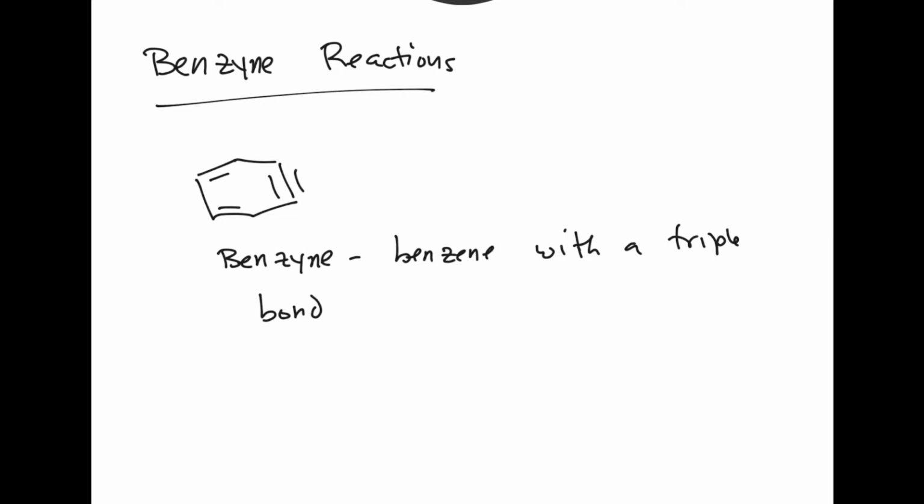So benzynes are a benzene with a triple bond. So you've got a benzene that has a triple bond, and then these are very unstable. You can't isolate them. Basically, you make them and they react in solution. So you make this, you don't have a chance to isolate it, it's going to react with whatever in the solution that made it. You're going to have a reaction with it.